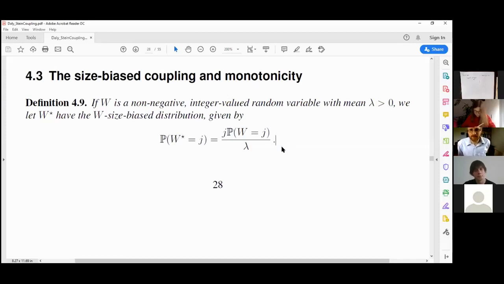Then it's explicit why we're calling this size biasing, because I'm just multiplying the probability of seeing a particular number j by j. I'm biasing exactly by the size, and the mean on the bottom, which I'm assuming is positive throughout the lecture, is just a normalization.